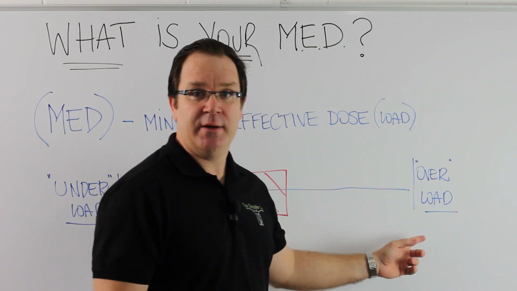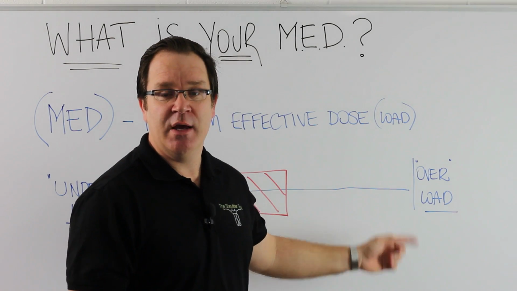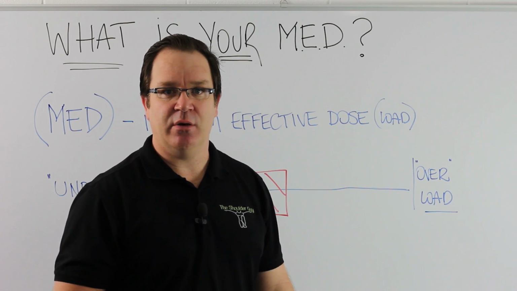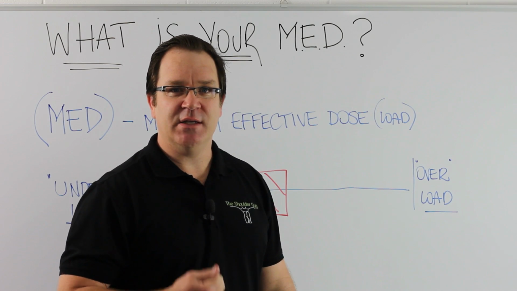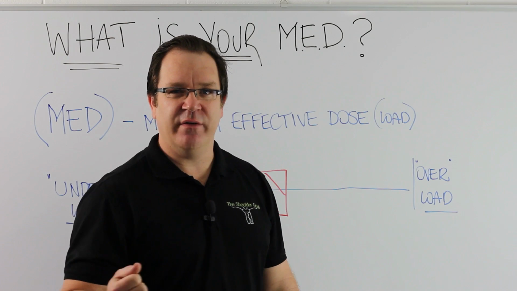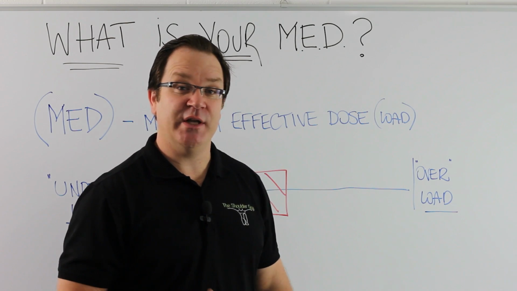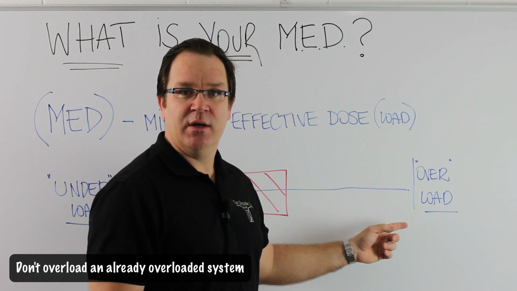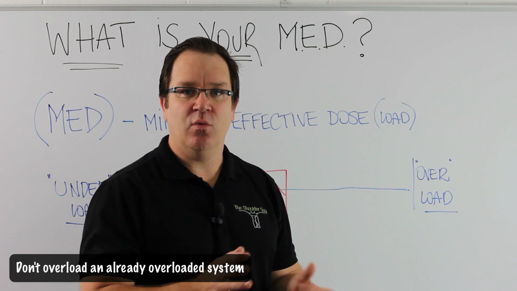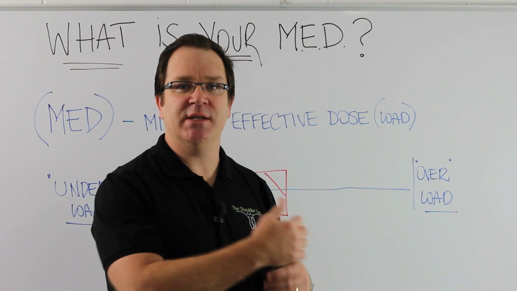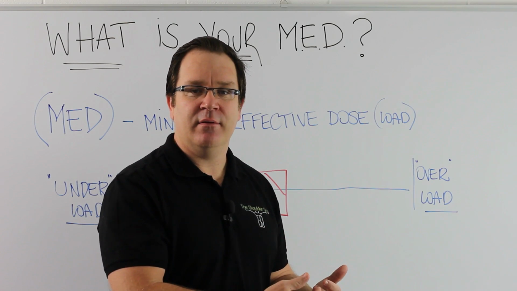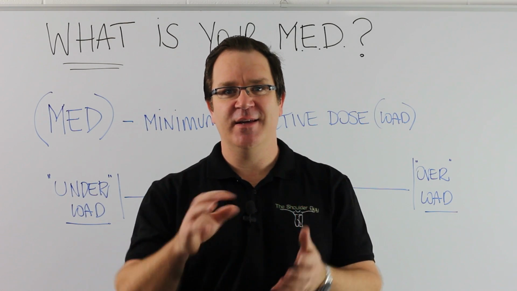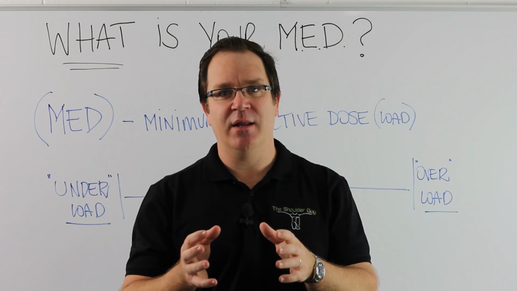Then if we come up the other end and do what most people do, which is overload the shoulder and go too aggressive with their rehabilitation, with lots of external rotation and lots of loading onto an already overloaded system, this also tips the balance towards a catabolic state where something is being broken down. There should be a nice even balance between things being repaired and things being broken down.